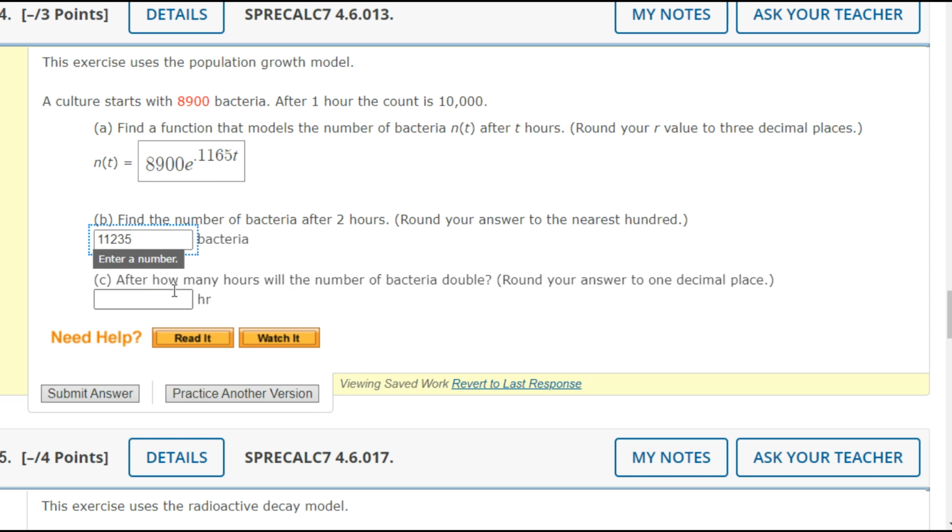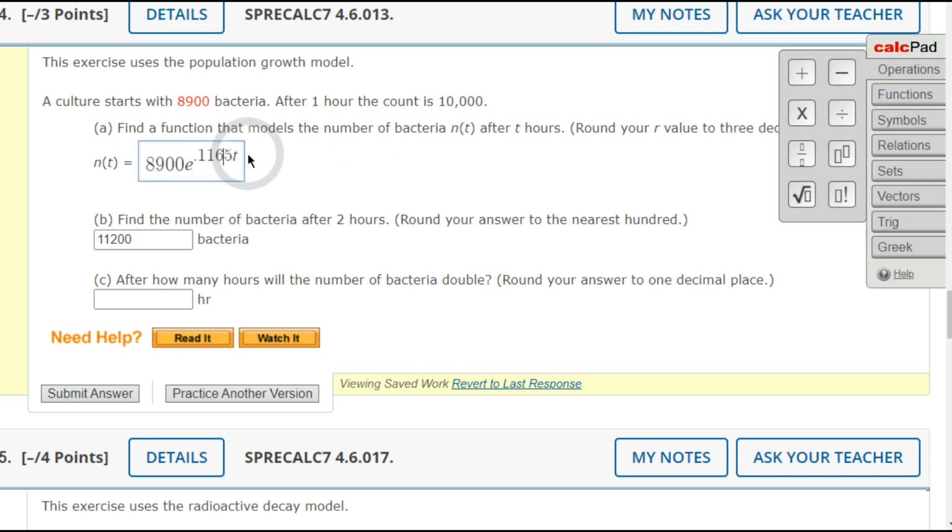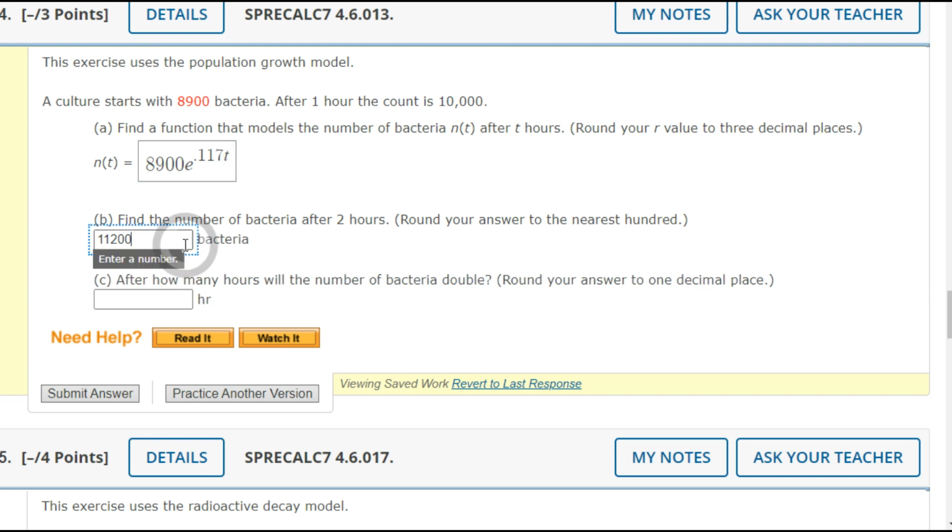Oh, round your answer to the nearest 100. So that's 11,200. And it also said to round this to 3 decimal places, so this should be 0.117. Well, that means I need to go back over here and fix that.